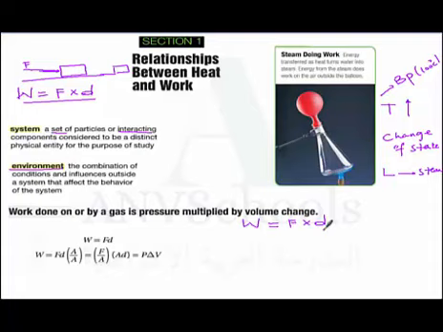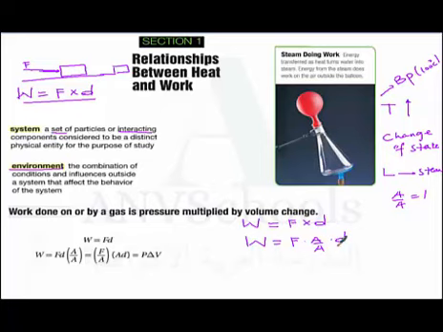But here I can insert, like we know that the ratio of two same numbers, A divided by A, is equal to 1. So I can write work as force multiplied by area over area, multiplied by D, because A over A is 1.